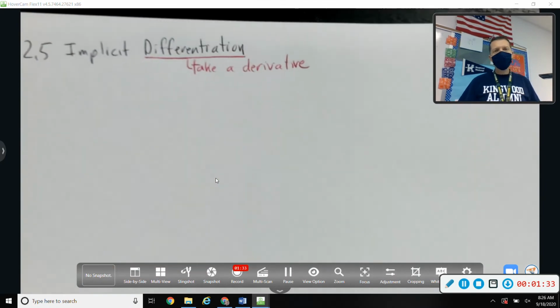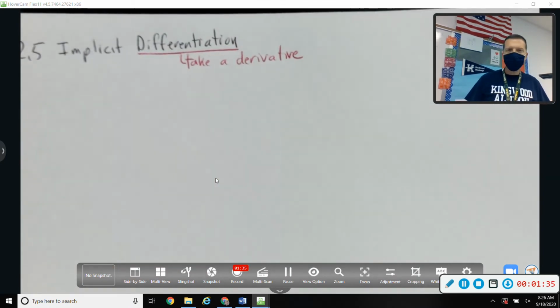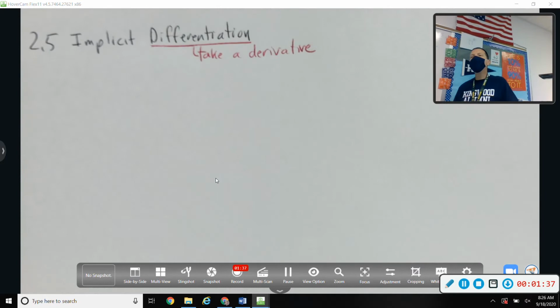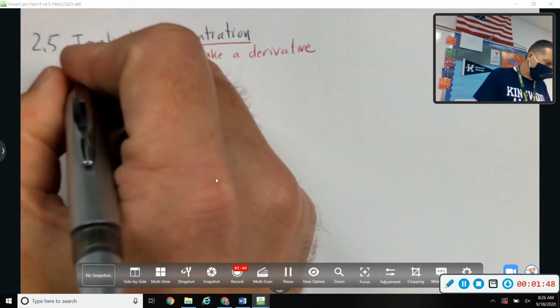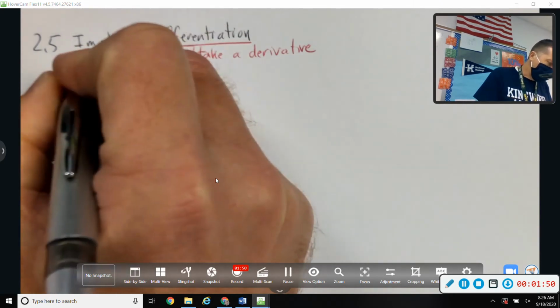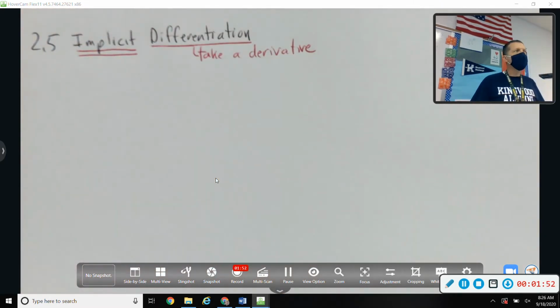I mean, not completely, not all the rules yet, but we got a pretty good handle on it after that last test, I hope. A lot of rules and more to come, but you got a pretty good overview of the big picture rules. So take a derivative. Implicit as opposed to, what's the opposite of implicit? Explicit.